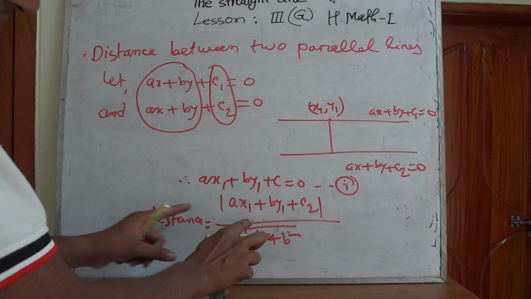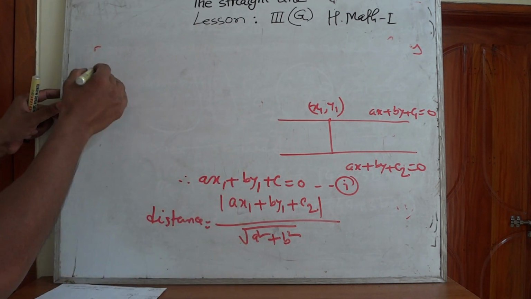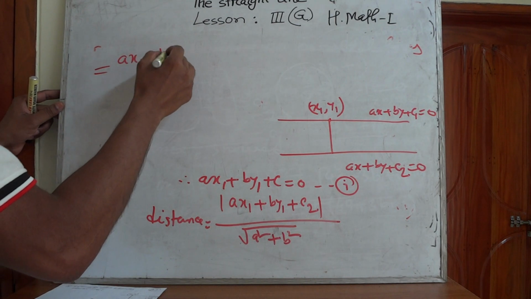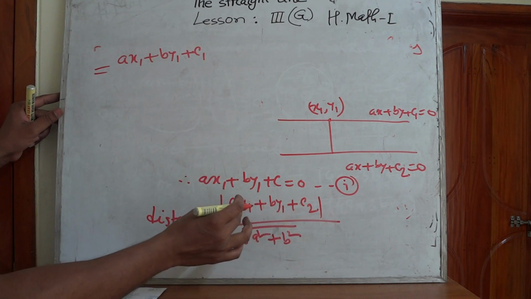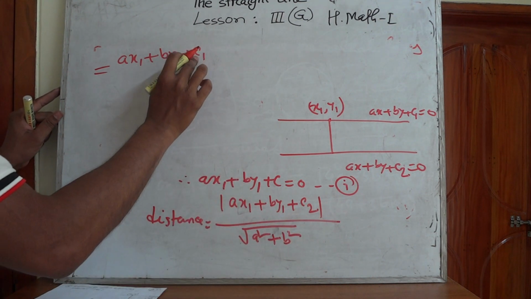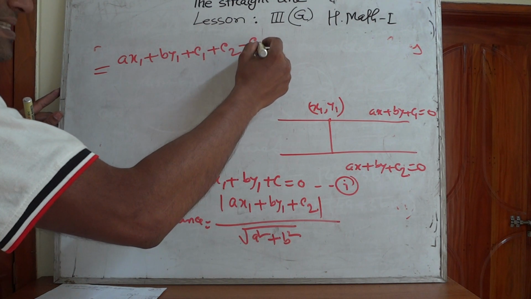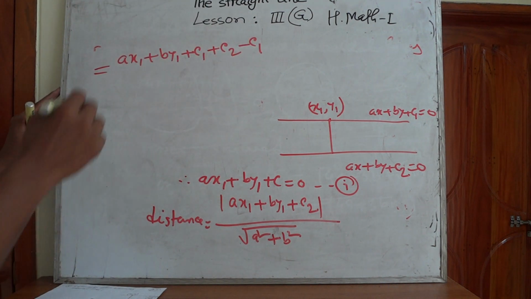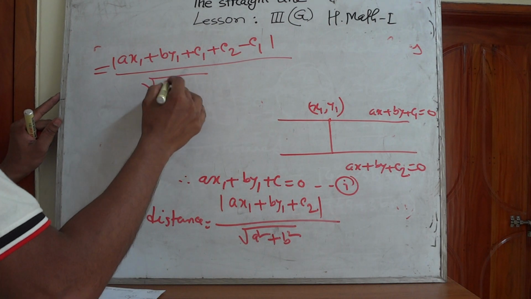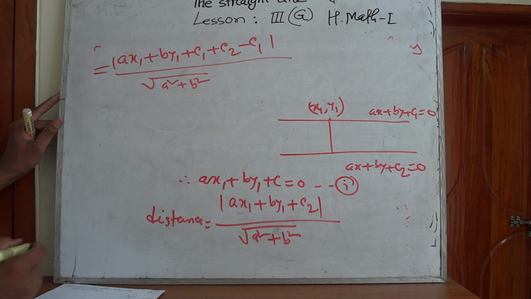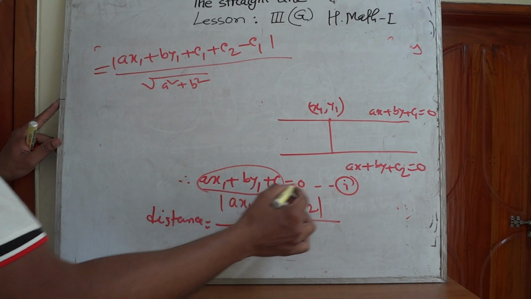But we can calculate this from this line. We can write ax1 plus by1 plus c1. Here there is no c1, but we have taken c1 here, so we have to vanish c1. So we have to take minus c1, divided by the square root of a square plus b square. And from equation number 1, this is equal to 0.